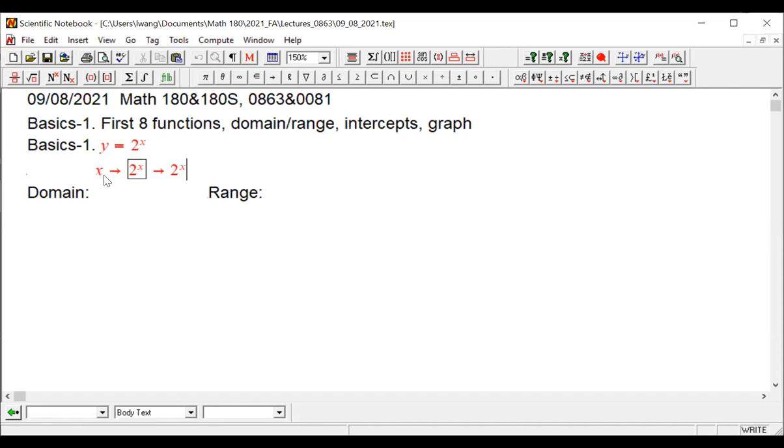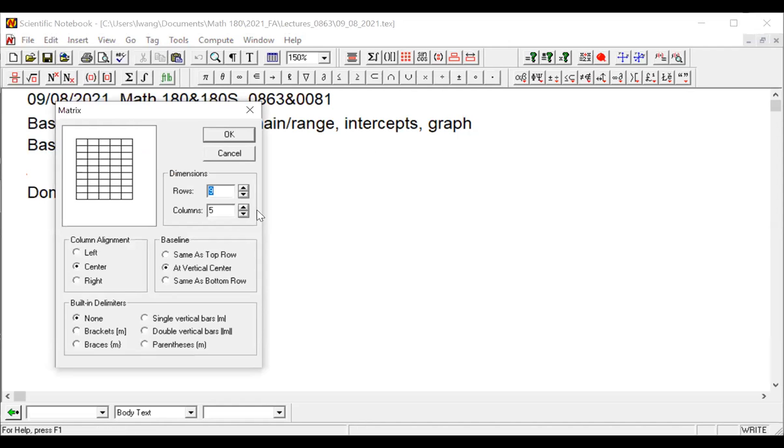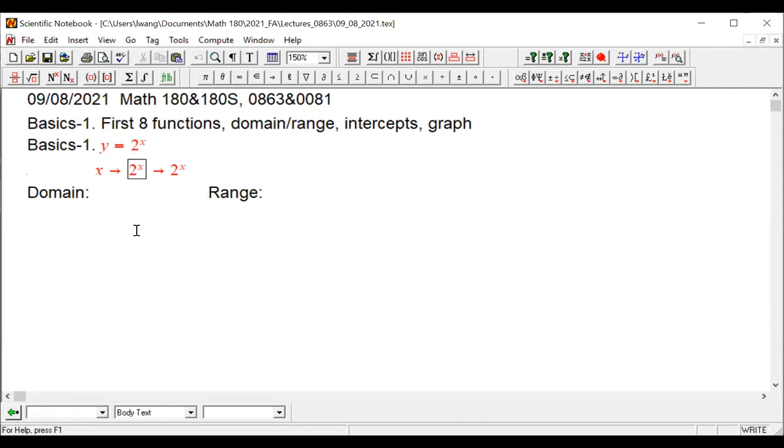So we want to figure out what number will be qualified for input. What number will be qualified for the input?